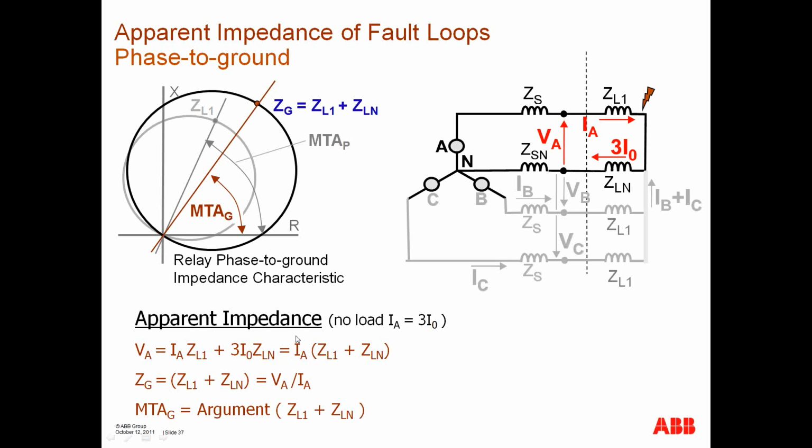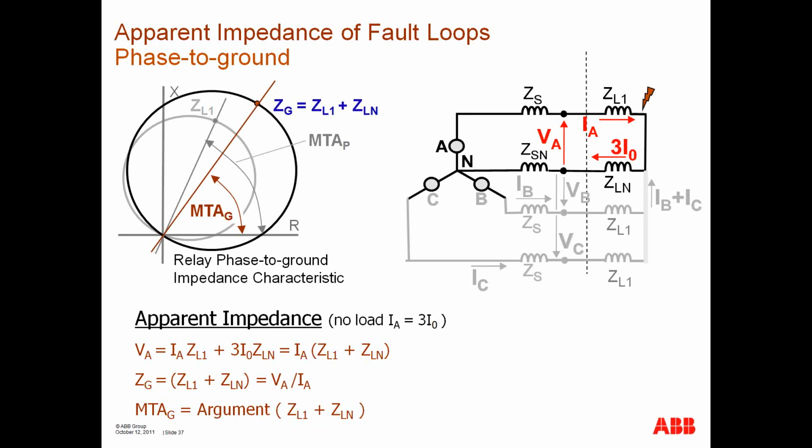So that's this quantity right here. Given that, my apparent impedance is equal to this quantity here, which is basically VA over IA. And the angle, I just want to point out, is the angle of my positive sequence impedance plus this impedance here.